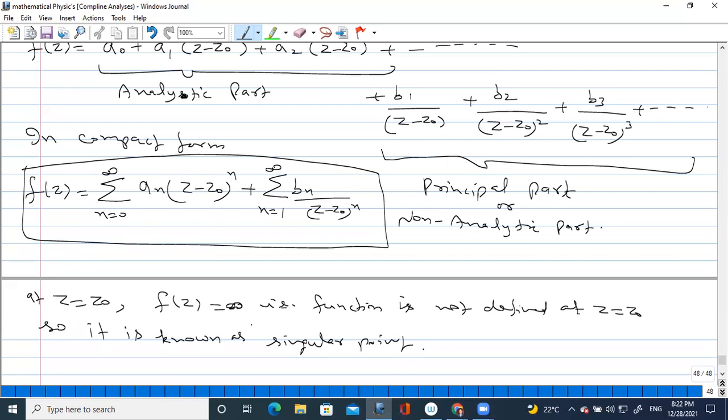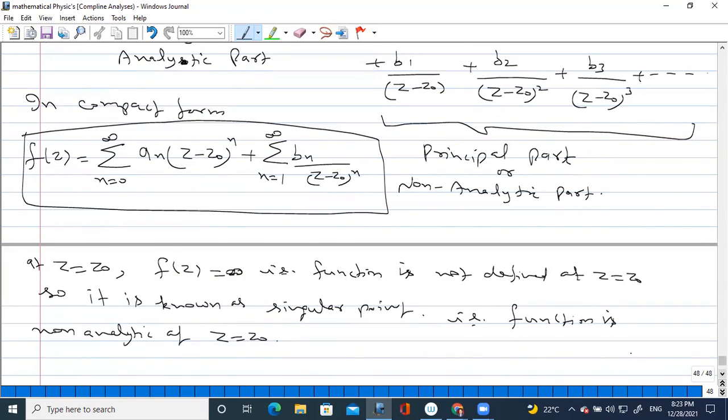And what is the meaning of that? That the function is not defined means that the function is non-analytic at z equal to z0. So these are some outcomes of this. This also you must remember.